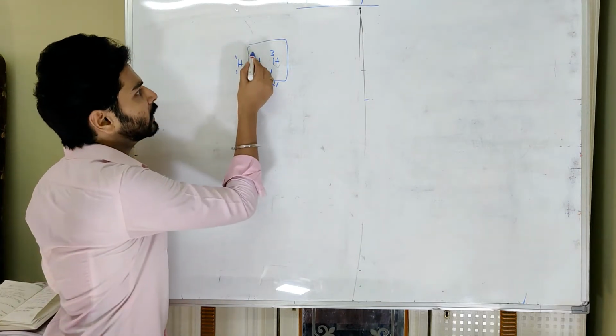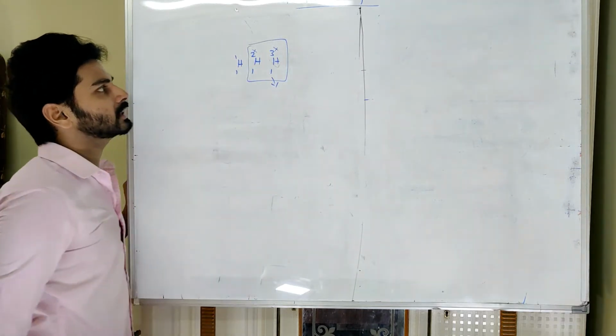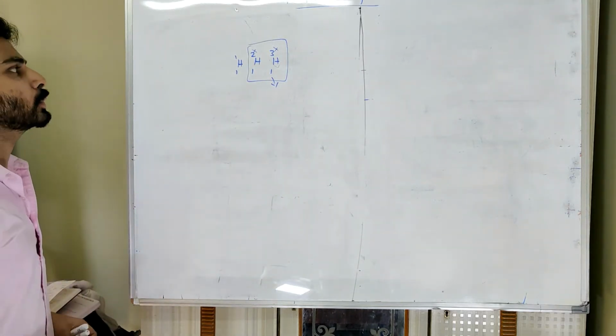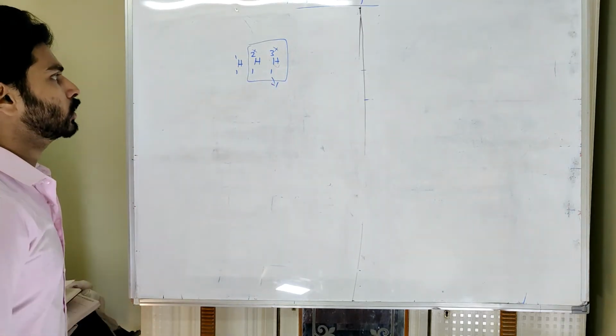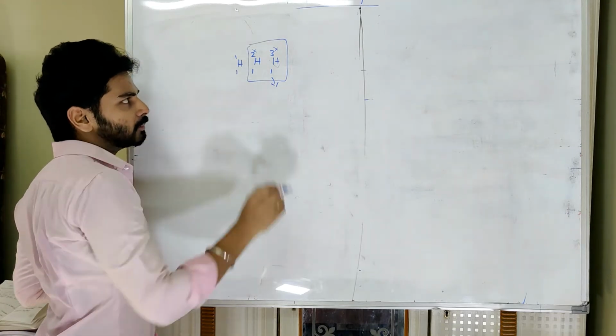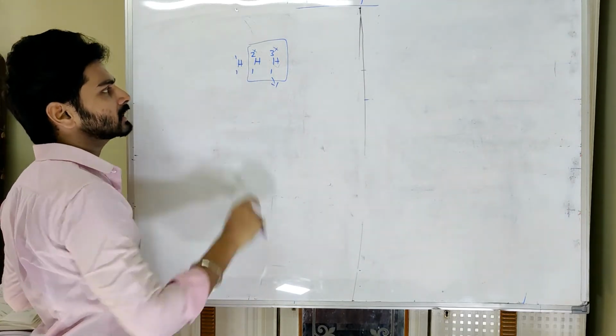So even if you consider the mass contribution from deuterium or tritium, it won't affect the atomic mass, because the abundance is less.